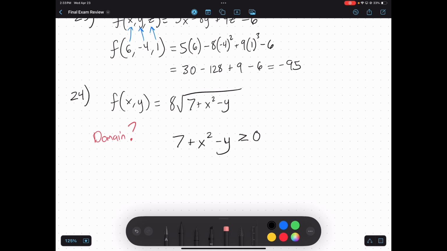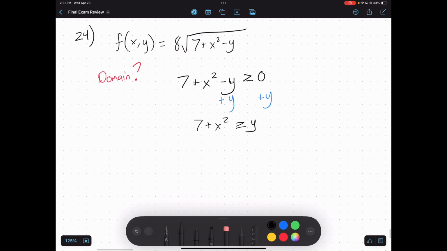Now what? There's not much more I can do here besides just solve for a variable, and the easiest one to solve for is y. So if I just add y to both sides, I get 7 plus x squared is greater than or equal to y.